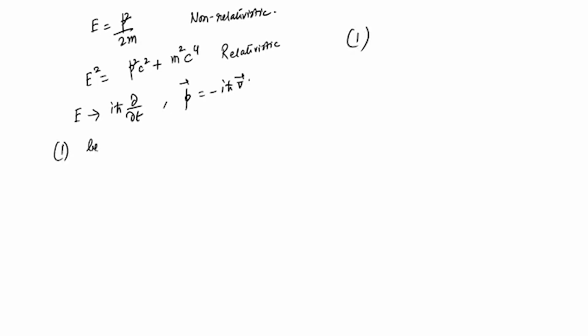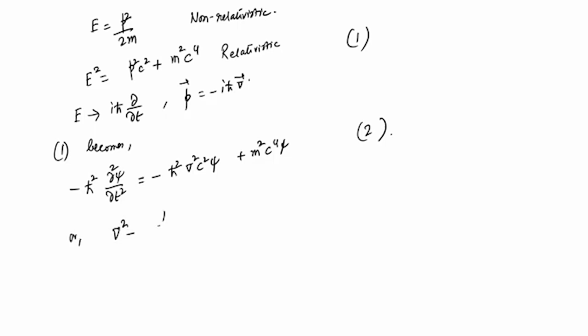so equation 1 becomes minus h cross square del2 psi/del t2 equal to minus h cross square del square c square psi plus m square c4 psi, and let us call this equation 2. So this is precisely the Klein-Gordon equation. If you write it a little more neatly, one can write this as del square minus 1 by c square d2/dt2 acting on psi, equal to m square c4 divided by h cross square psi.